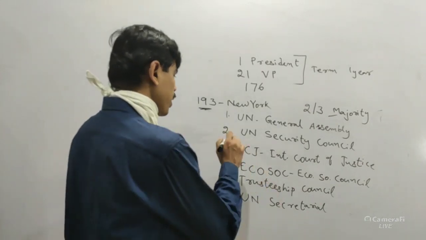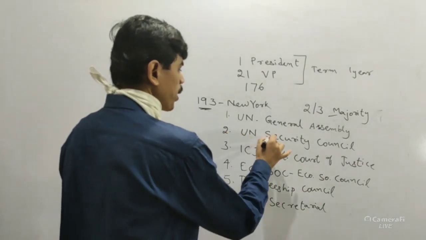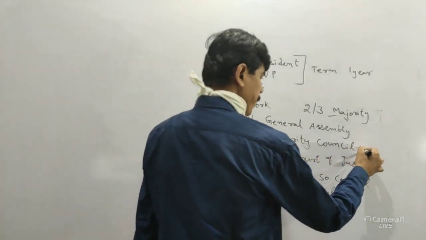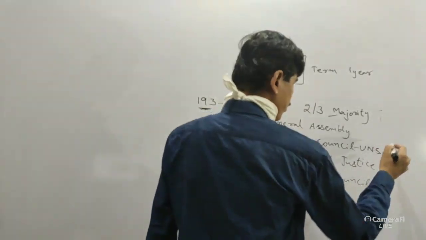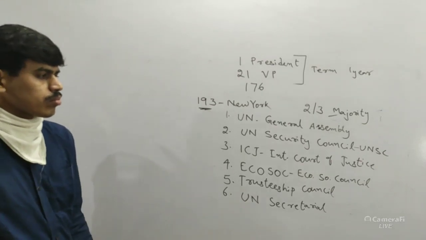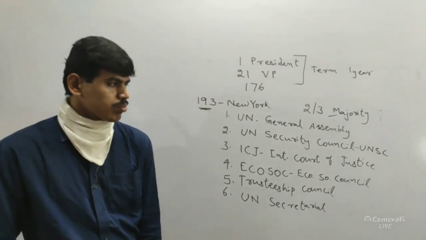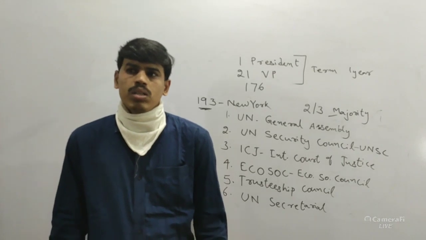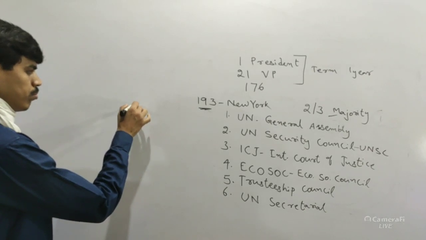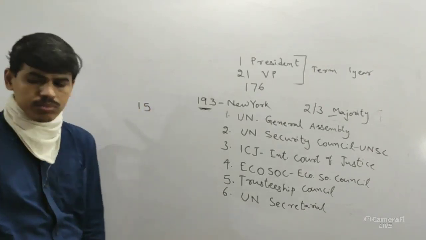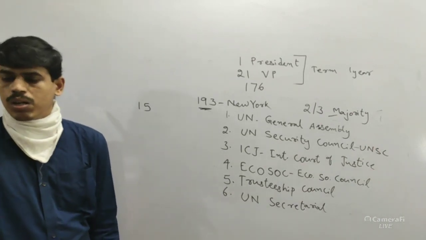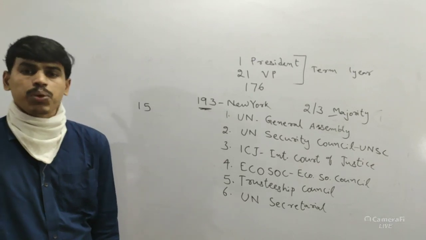The second organization or second body is the United Nations Security Council, shortly UNSC. Its total members are 15, and the head office is located at New York.